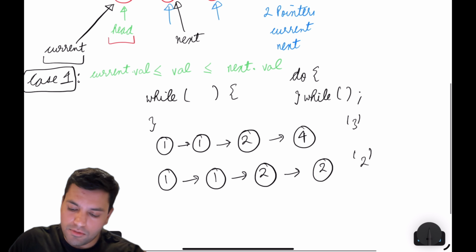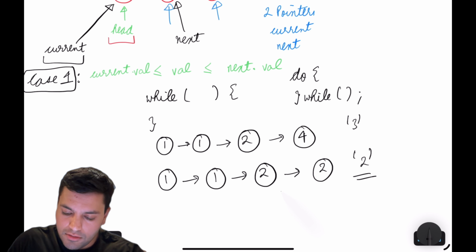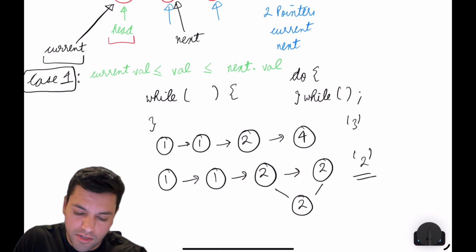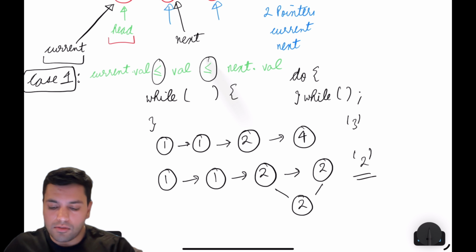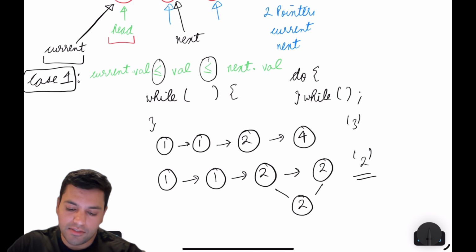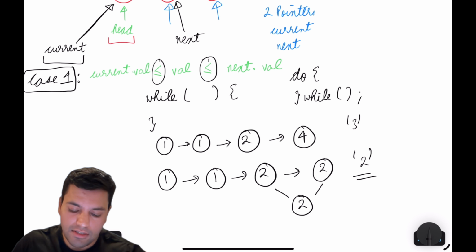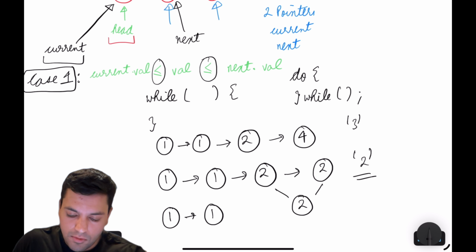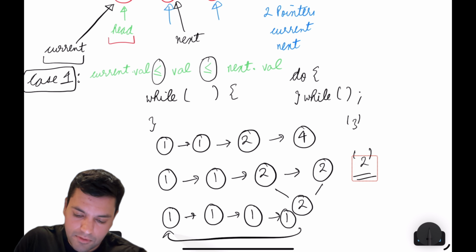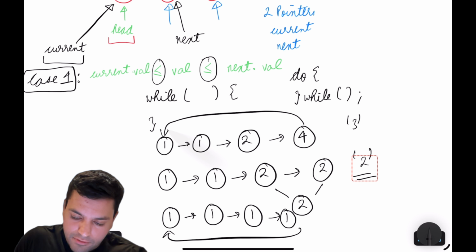This 2 can come between these two nodes and we can insert it here, because we are checking the equality as well. So what is going to happen if the inserted value is going to be a new maximum or new minimum in our circular linked list? Or what would happen if my linked list contains all the same elements, such as a circular linked list which only has nodes with value 1? These are circular, so let me also create the final link here.